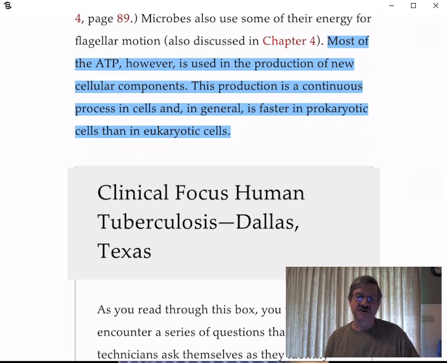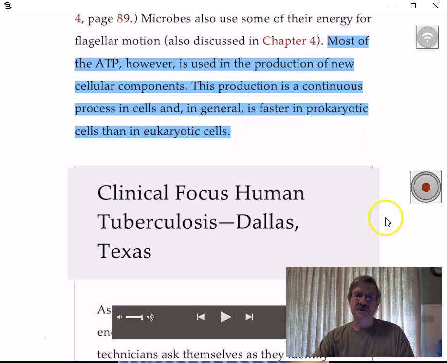So prokaryotic cells can have a very rapid rate of reproduction, a very rapid turnover rate. We've got all these different organelles in a human cell, plant cell, fungal cell. You don't have those organelles to build in a prokaryotic cell. So these prokaryotic cells can reproduce themselves very rapidly.